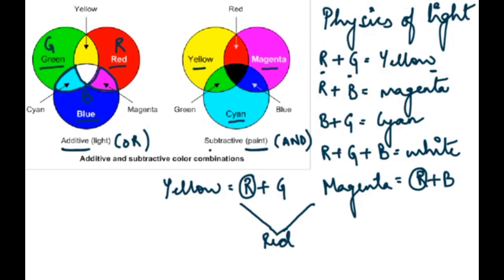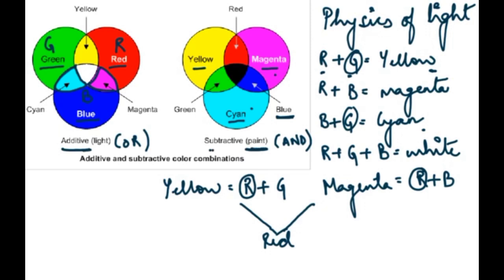Here also you can see, in yellow and cyan, only green is common. Therefore, when you are adding yellow and cyan paint, you are getting green paint. Similarly, on adding cyan and magenta, you are getting blue paint. So what we learned from here is, lights are additive and paints or colors are subtractive.